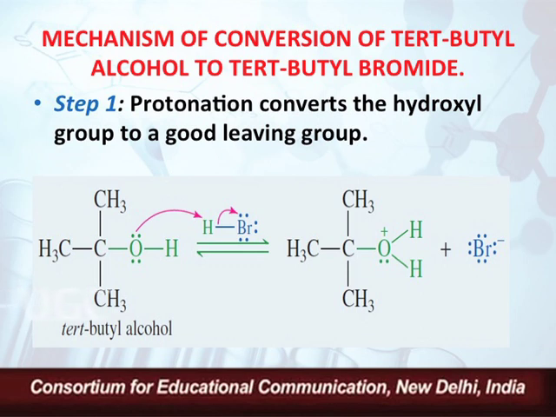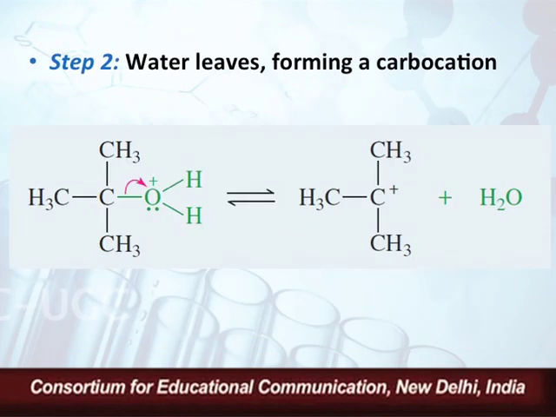In the first step, there is protonation of the OH group. That is, the lone pair of electrons on oxygen will react with the proton from HBr in an acid-base reaction, resulting in the formation of tertiary butyl oxonium ion. Now this tertiary butyl oxonium ion loses its OH group in the form of a water molecule, resulting in the formation of a tertiary butyl carbocation.